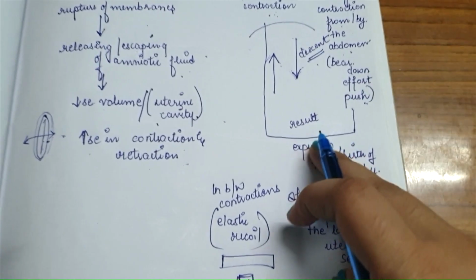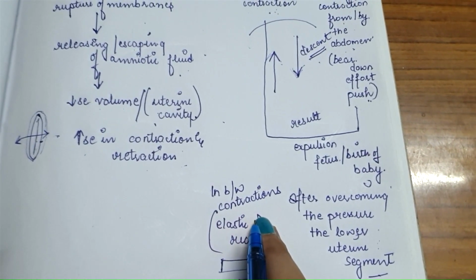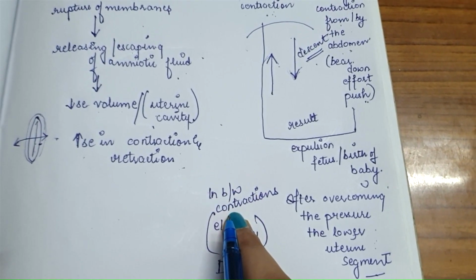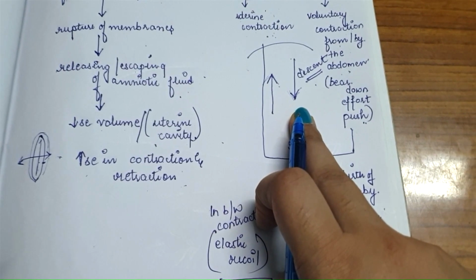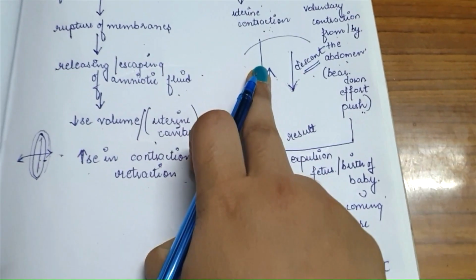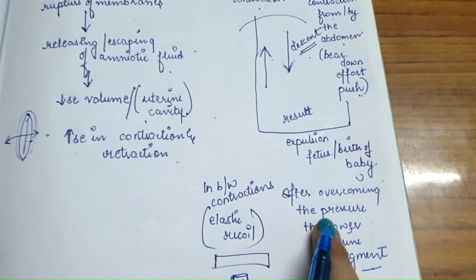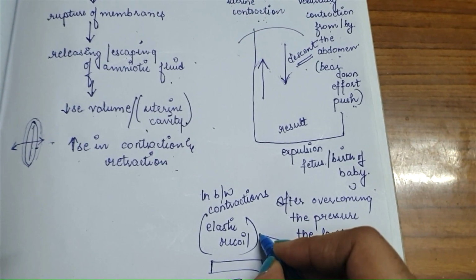This actually happens during the relaxation period, in between the contractions. Descent occurs when there is a contraction. When the contraction passes off, meaning there is relaxation, then the upward movement takes place because of the pressure exerted by the lower uterine segment because of elastic recoil.